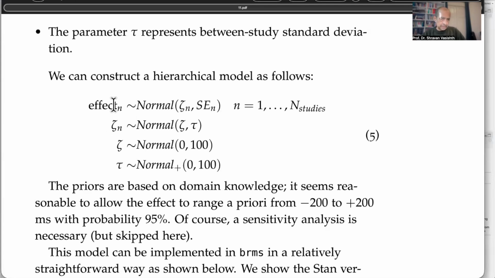And so there's the effect size, the latent zeta n parameter. Zeta n is coming from a normal with zeta and tau as the parameters. And then you have to define priors, but you define priors only on these, right? Because these are parameters too, but the prior on these parameters is this thing here.